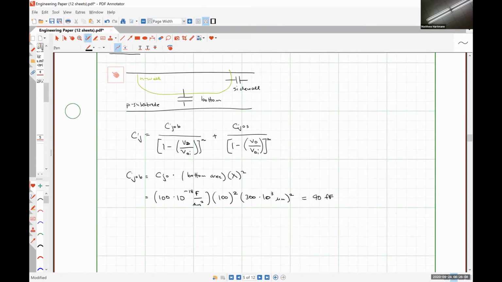For the sidewall zero bias depletion capacitance, we're going to have a similar expression, CJ0. But what area are we going to be multiplying by here?